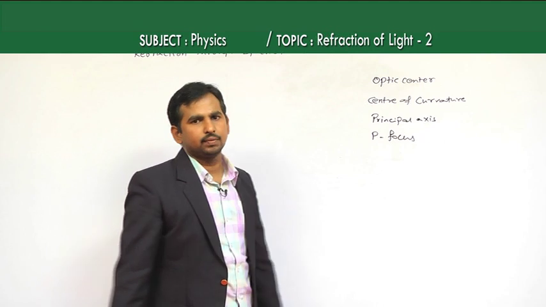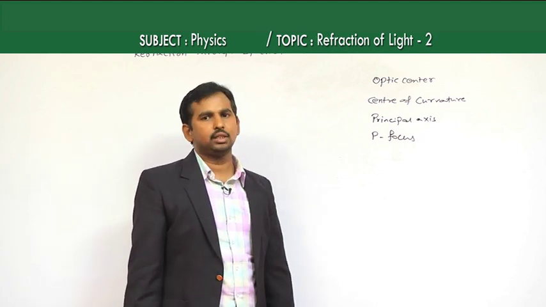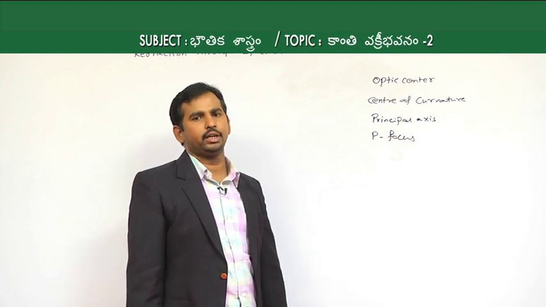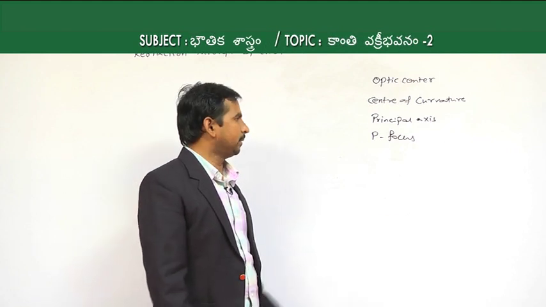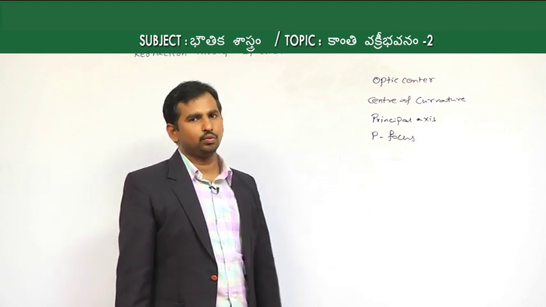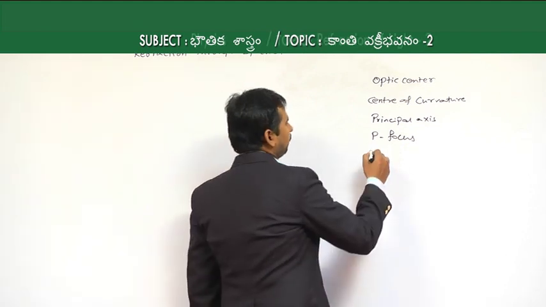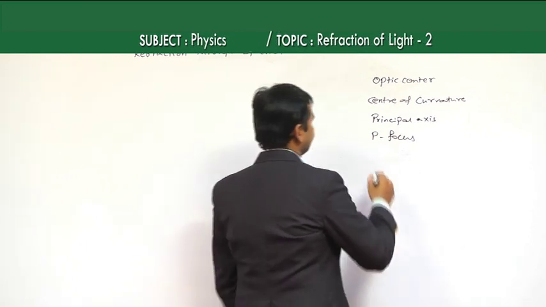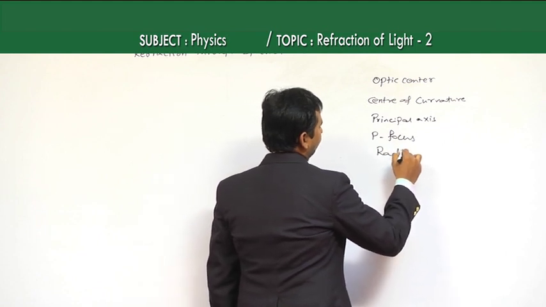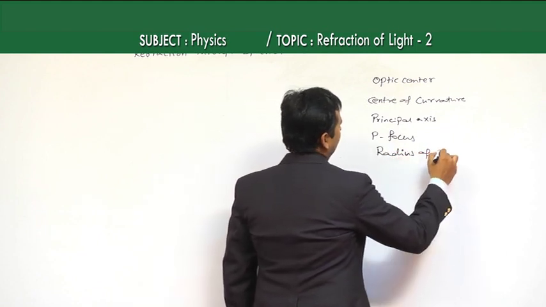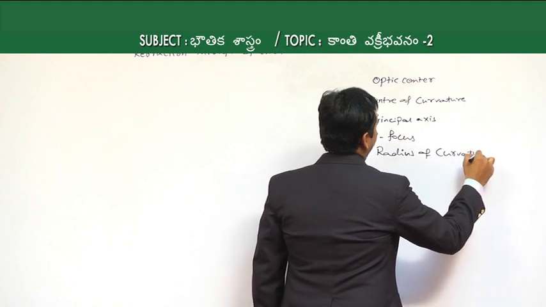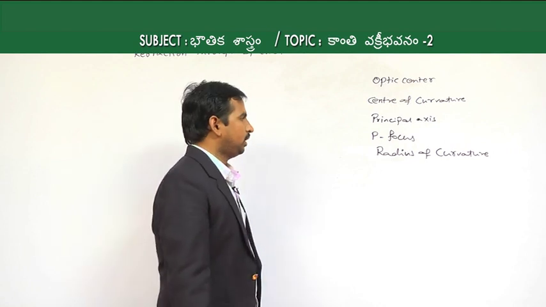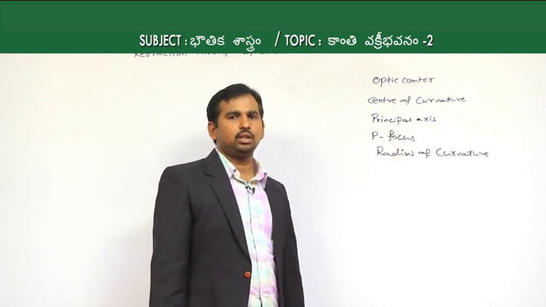principal focus. When a parallel beam of light rays is incident on the lens, after refraction all the light rays meet at a point or appear to meet at a point, and that we call the principal focus. And after that we have radius of curvature, which is nothing but the distance between the center of curvature and the optic center.